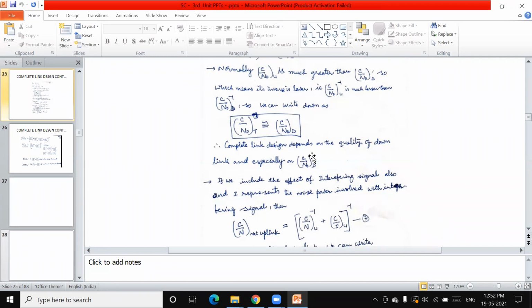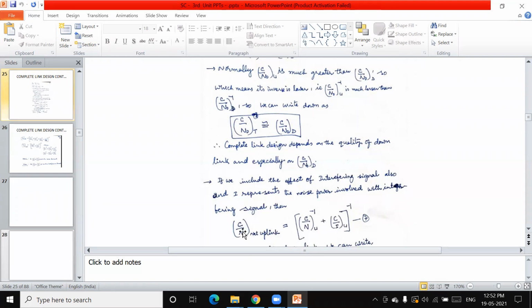Up to here, we considered only the carrier signal. If we include the effect of the interfering signal, with I being the noise power involved with the interfering signal, then we write the equation for C by N for the uplink, where the noise signal is present, and for the downlink we consider the carrier to interfering noise power as well.